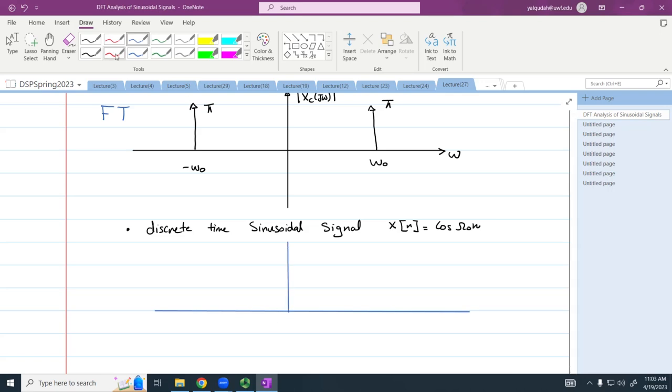I'm going to have an impulse at omega 0. This is omega. And I'm going to have another impulse at negative omega 0. This is X of e to j omega.